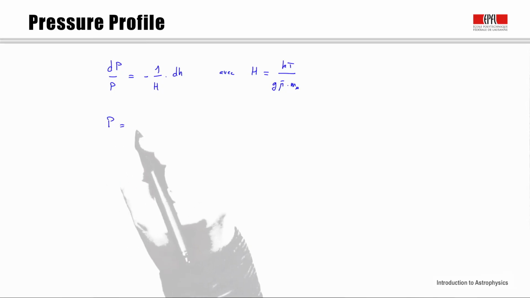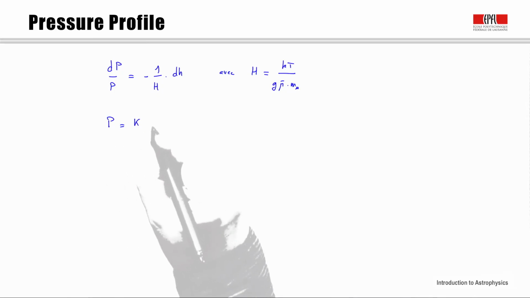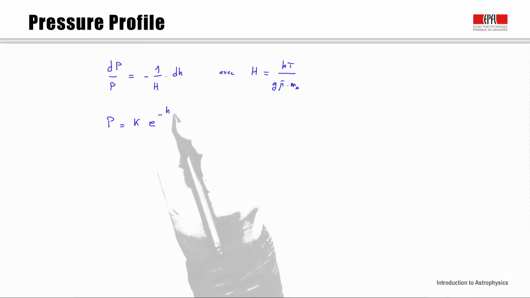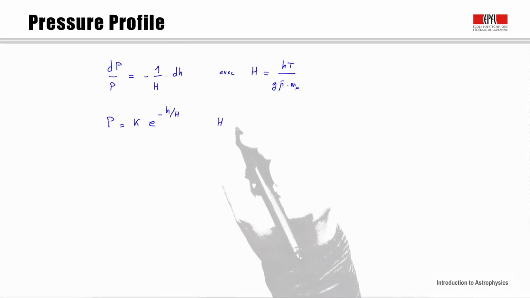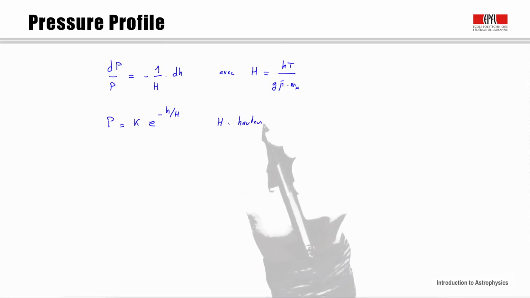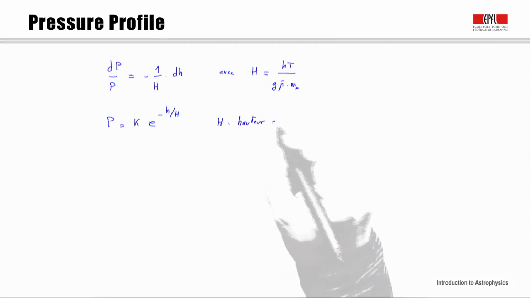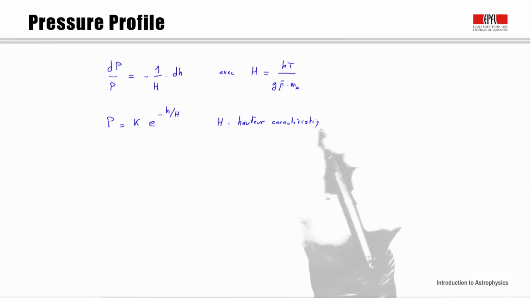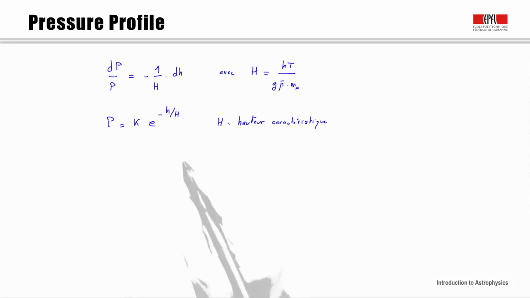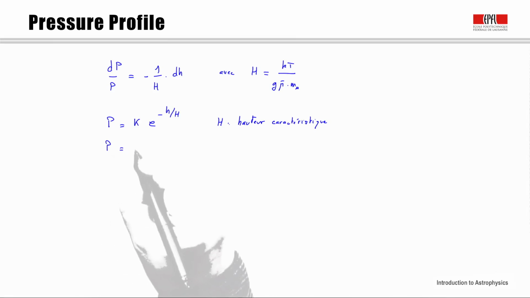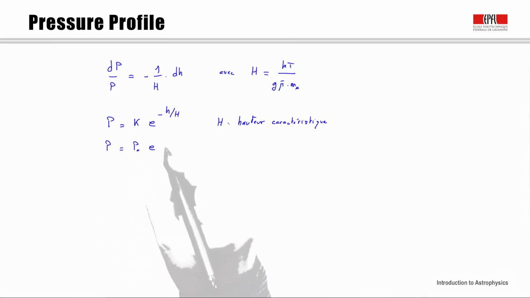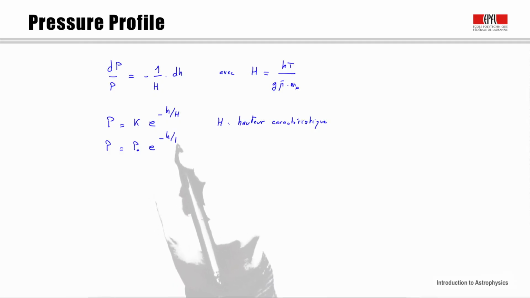The pressure is a constant times the exponential of minus h divided by H. H is a characteristic height of the atmosphere. At ground level, when h equals 0, P is the ground pressure. We have thus simply that P is equal to P0, the ground pressure, times the exponential of minus h divided by H.